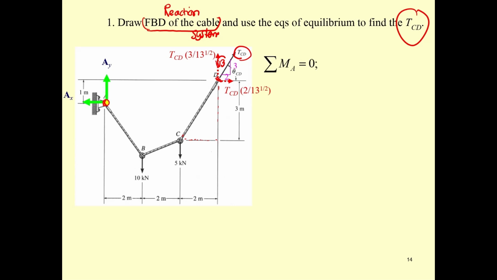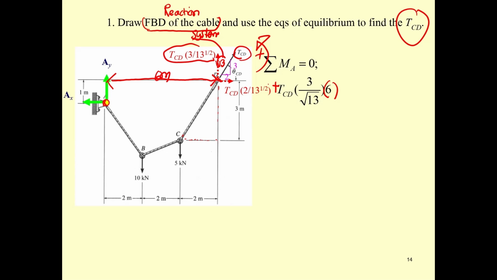Take the moment about A by putting the counterclockwise rotation to be positive. So this one will be times the moment arm of this whole distance, which is 6 meters. The force here times 6 meters, counterclockwise positive.